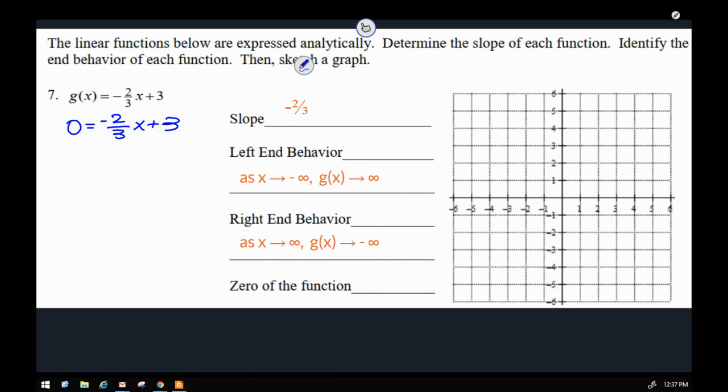So set your equation equal to 0 and solve. So that would subtract 3. And then multiply both sides by 3. And divide by -2.